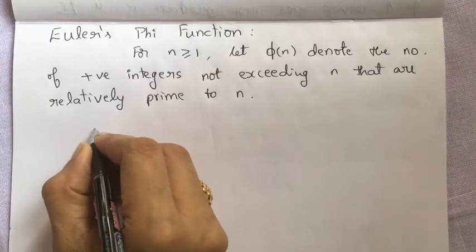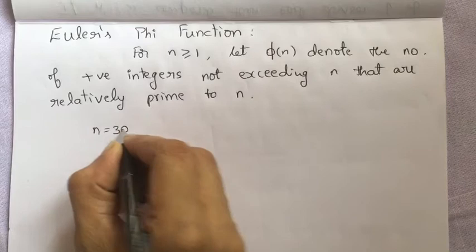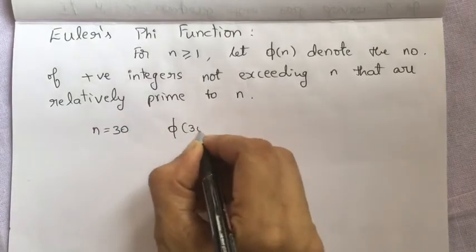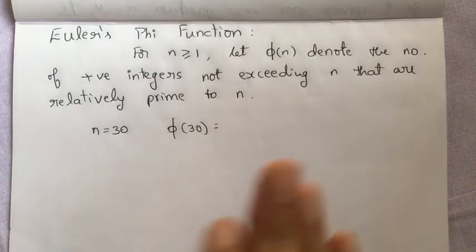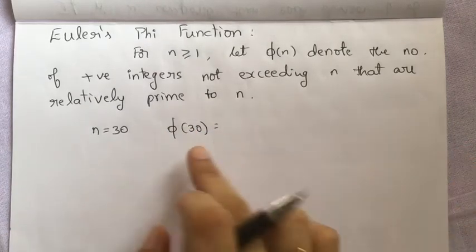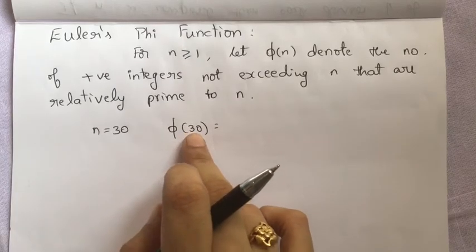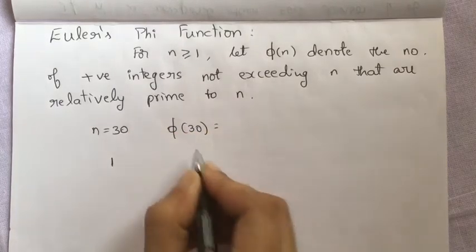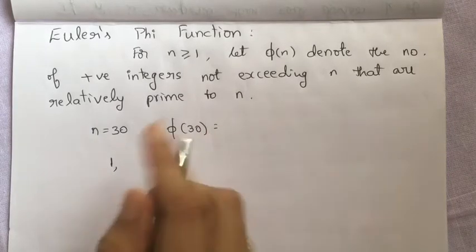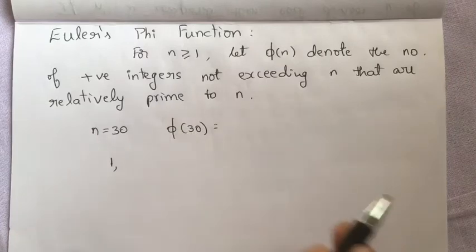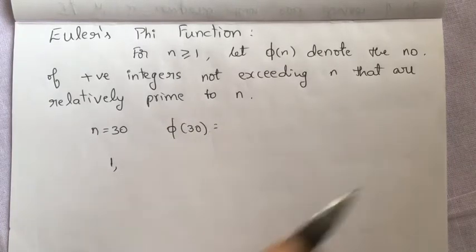Suppose n is 30 and you have to calculate phi of 30. So you have to list out all those positive integers less than 30 which are relatively prime to 30. Okay, 1. When I take 2, it is not relatively prime to 30. 3 I cannot, 4 I cannot, 5 again not possible, 6 not possible.